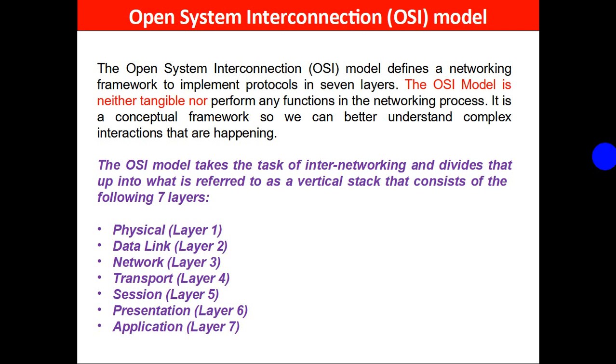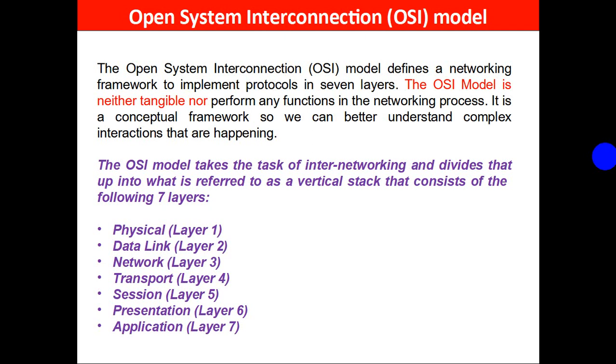It is a conceptual framework so we can better understand the complex interactions that are happening. The OSI model takes the task of internetworking and divides it up into what is referred to as a vertical stack that consists of the following 7 layers.